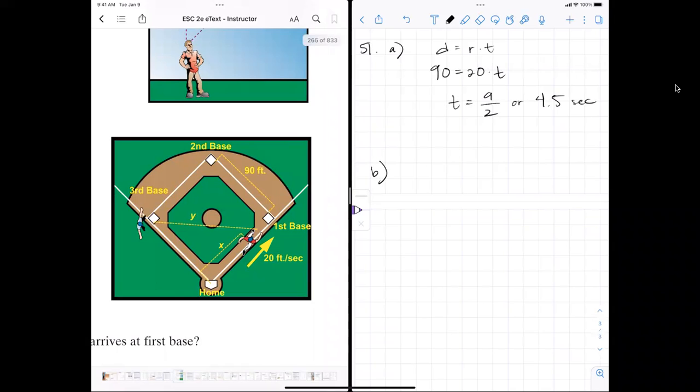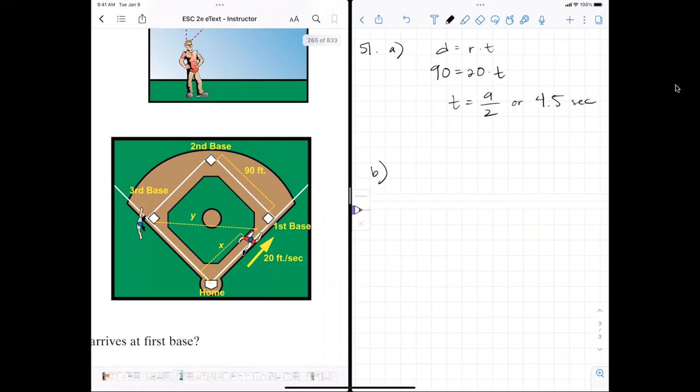Do we see that this ends up being a right triangle problem, where this leg of the right triangle will be constant, it will be 90, meaning that 90 can get plugged into our Pythagorean theorem equation, because as time is passing, that value is not going to change, but the x and the y would be changing.